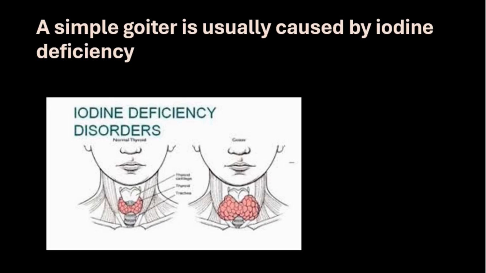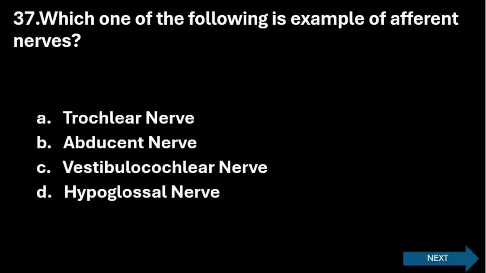Next question. Which one of the following is an example of afferent nerves? Option A, trochlear nerve. Option B, abducens nerve. Option C, vestibulocochlear nerve. Option D, hypoglossal nerve. The right answer here is option C, vestibulocochlear nerve.